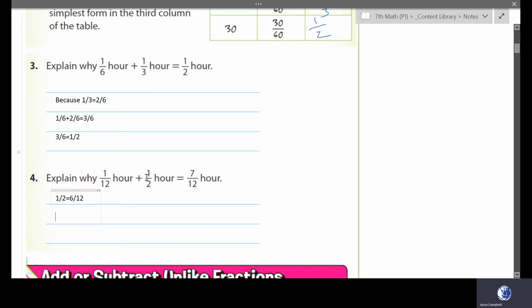And if we're adding 1/2 to 1/12, we can say 1 over 12 plus 6 over 12 is equal to 7 over 12, because we are adding the numerators and keeping the denominator. And 7 over 12 matches what they're looking for. We cannot simplify this any further.